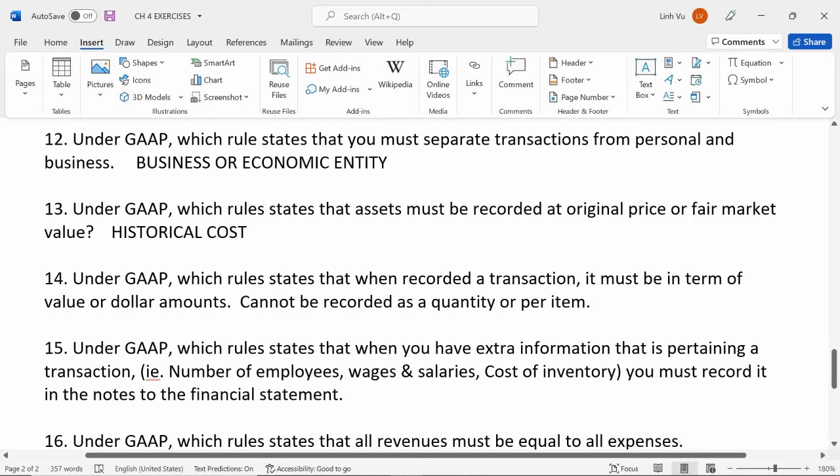Number 14, under GAAP, which rule states that when recording a transaction, it must be in terms of value or dollar amount? It cannot be recorded as quantity or per item.